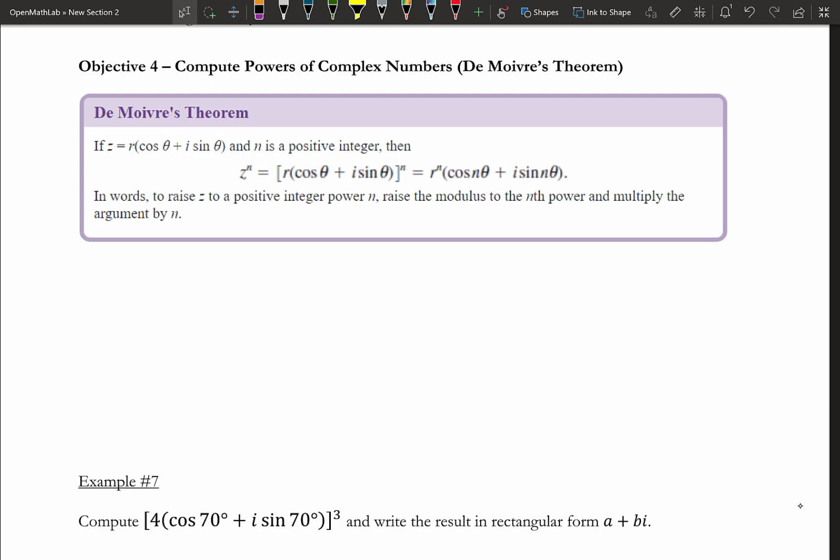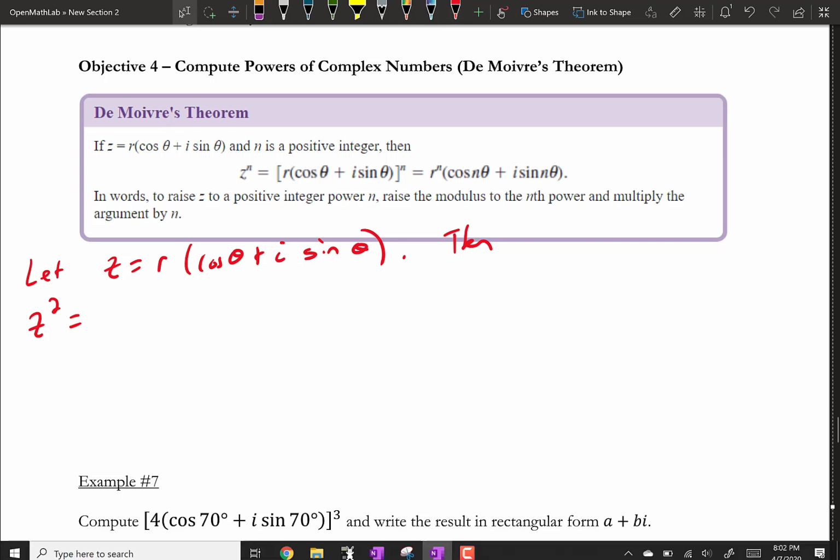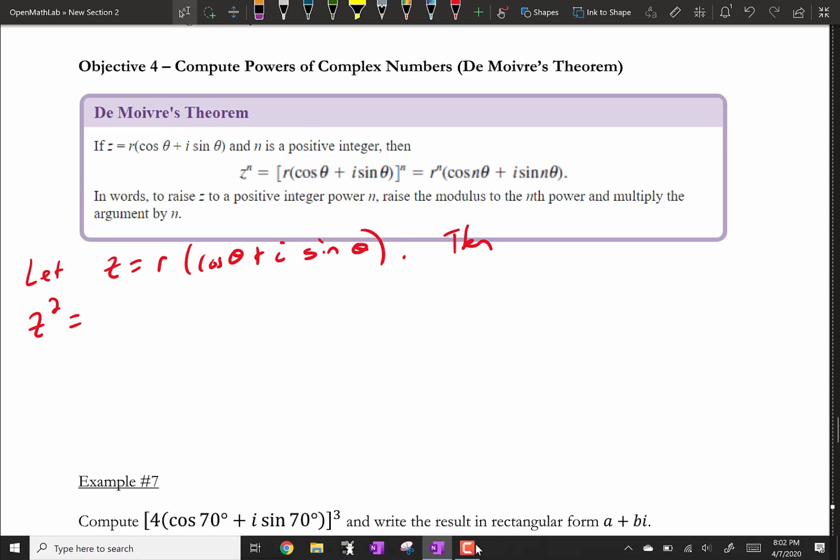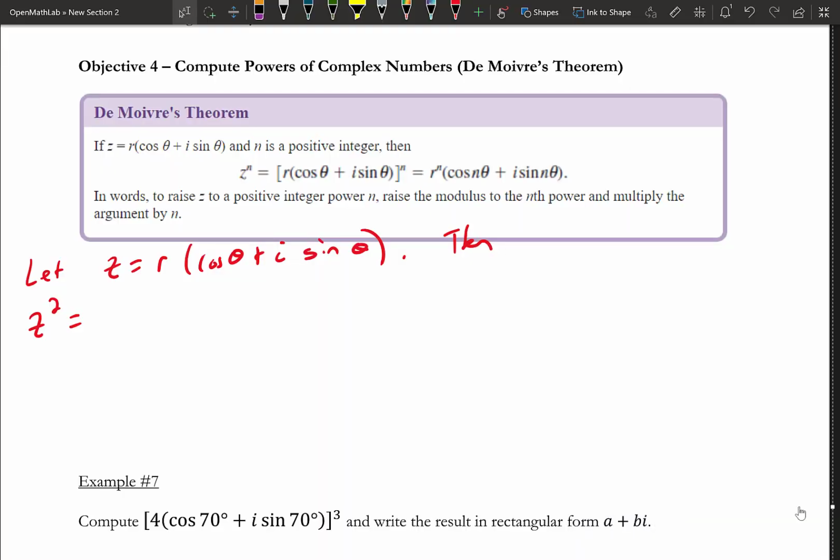But the basic idea is if you let z equal r times cosine theta plus i sine theta, then you can begin to square z, which is just z times z, so we would have r times cosine theta plus i sine theta times r cosine theta plus i sine theta.